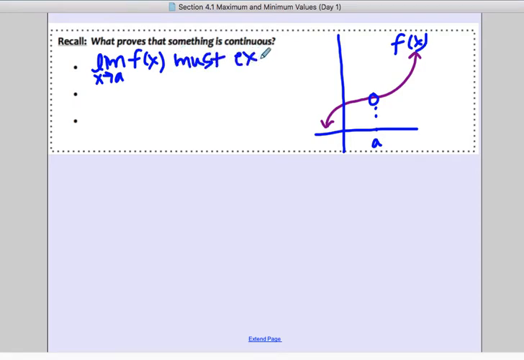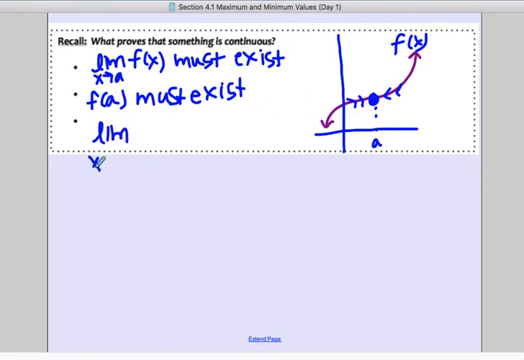And in order to exist, remember, the left and the right-hand sides have to be the same. Then the next thing is that f of a, the point, must exist as well. And it must be a filled-in point, and so my limit, as it comes from the left and the right, is equal to the point. So we have the limit as x approaches a of f of x must equal f of a.